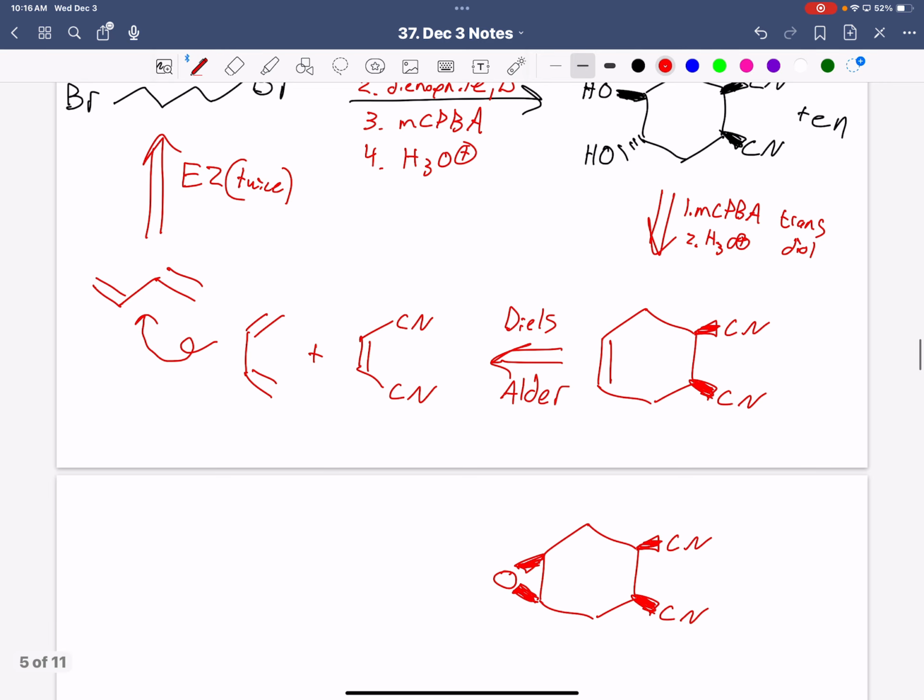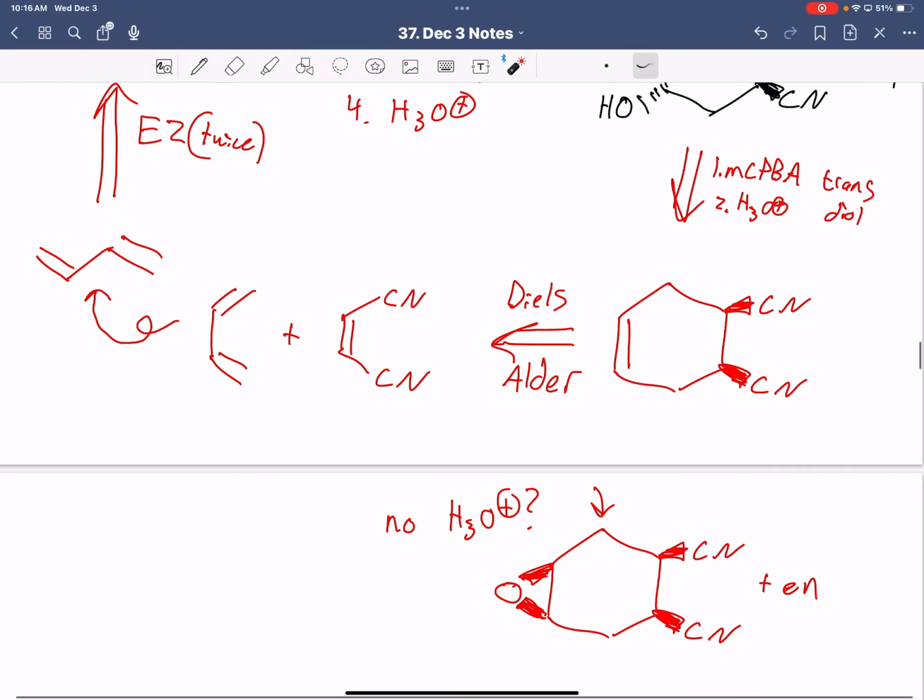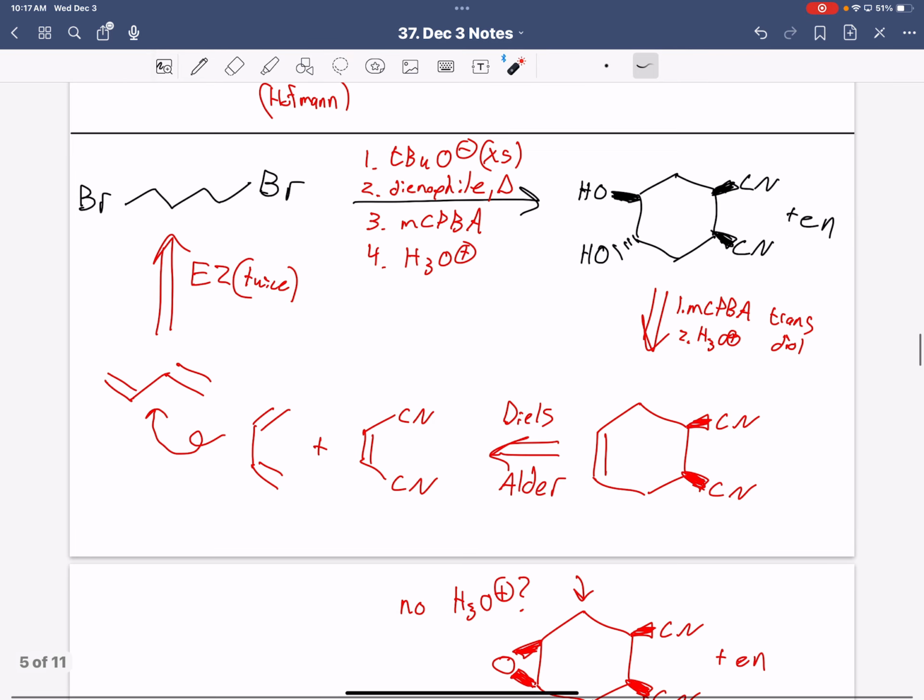What is that? An epoxide, like in lab. You get the enantiomer too. So yeah, sometimes you do want to make epoxides because they're useful for stuff. But that's it. Good luck on the exam.